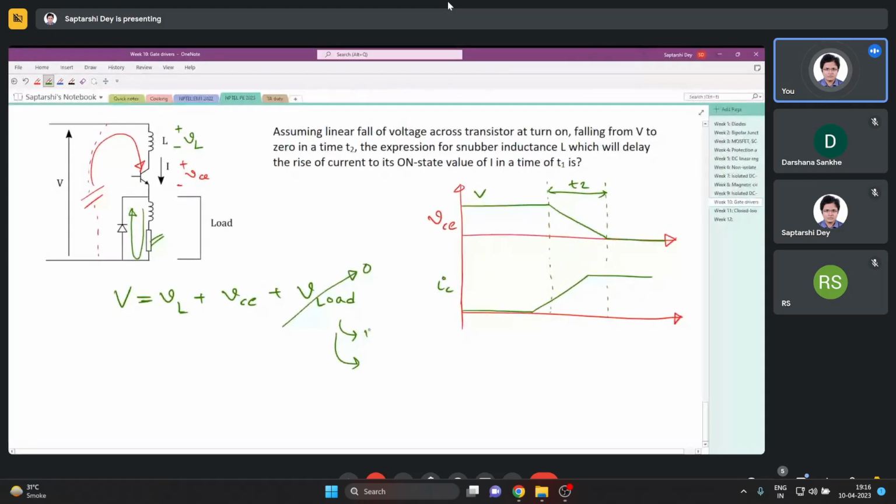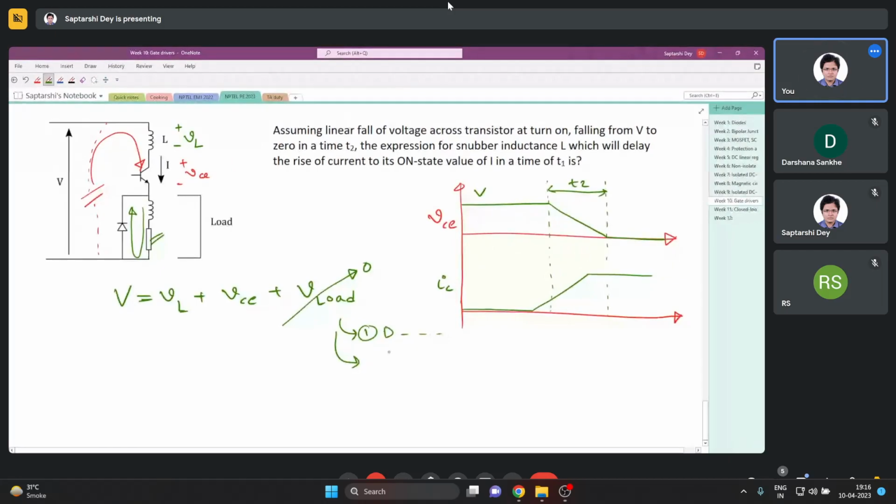One possibility is that the diode is still conducting, so that is 0 in any case. Secondly, even if the diode is not conducting and the energy is already dissipated completely, since this is a switching phenomenon and this is an inductive load, it takes some time for the load to start conducting, so we can essentially keep the load voltage 0 for this small duration.